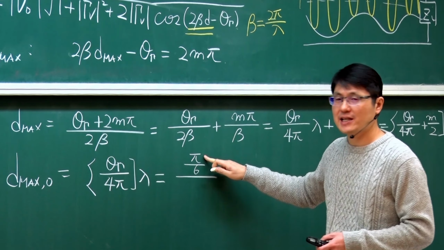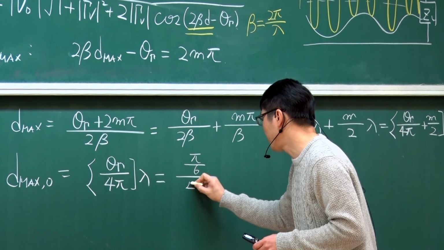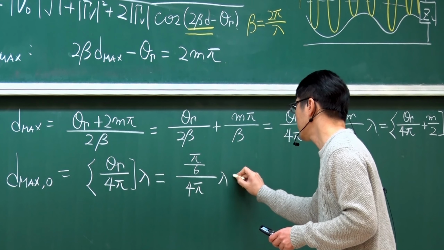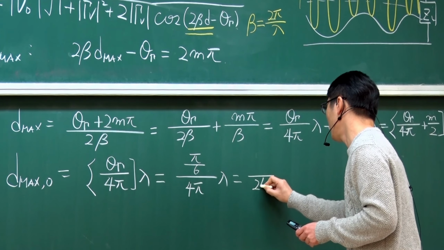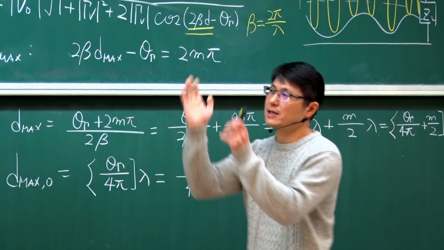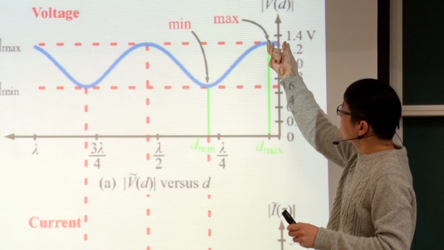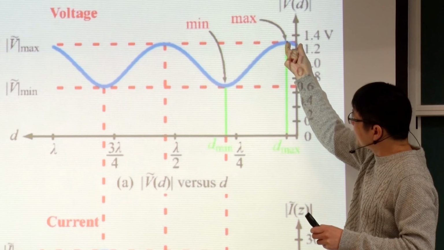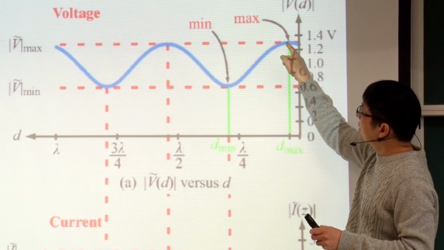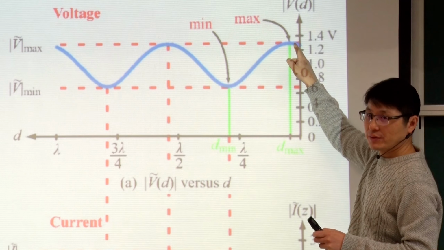Right? Pi stands for 180 degrees. Divided by 4 pi over lambda, so that is lambda divided by 24. So this means, in this given case, the maximum is distanced lambda divided by 24 away from the load. Okay?